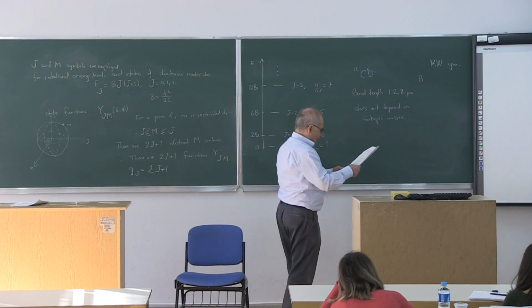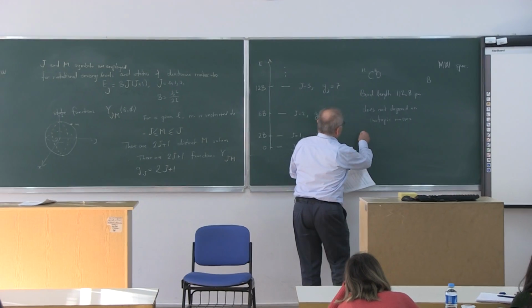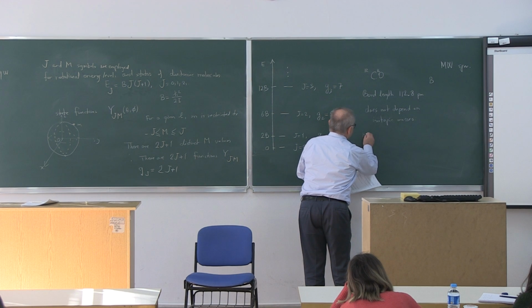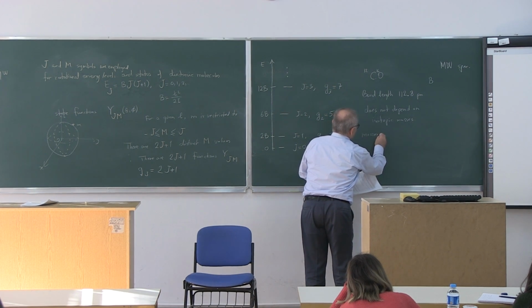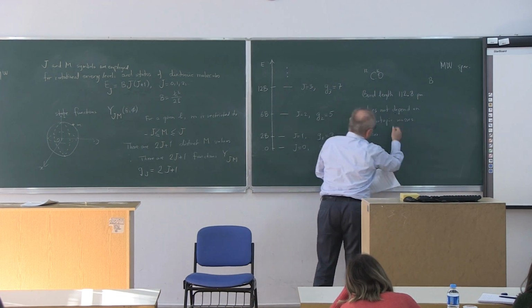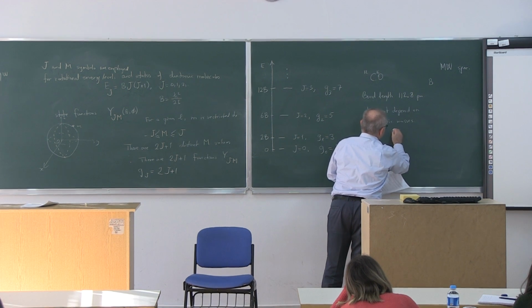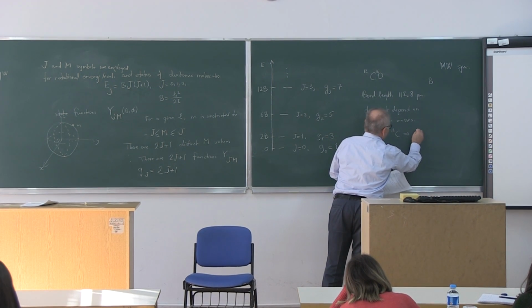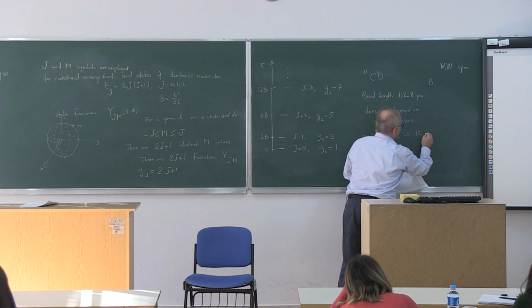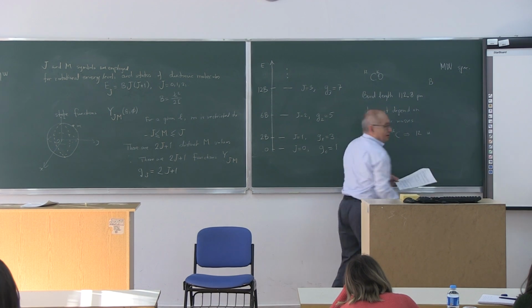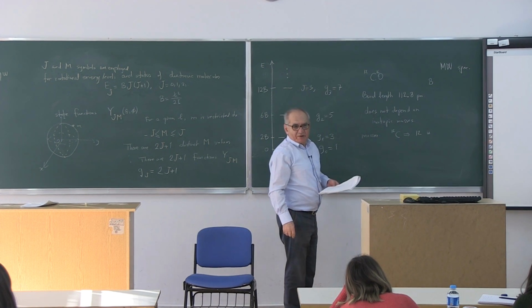Now, I look up masses. Carbon 12 is by definition exactly 12 atomic mass units.